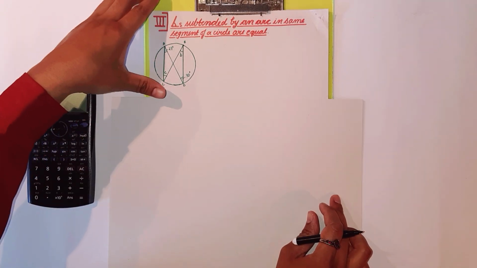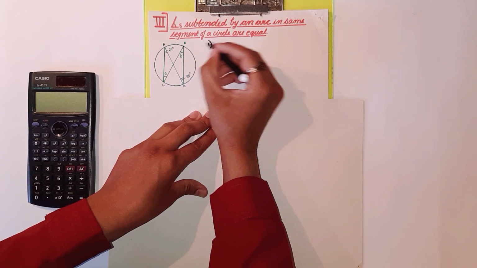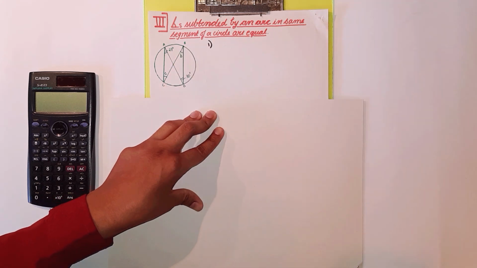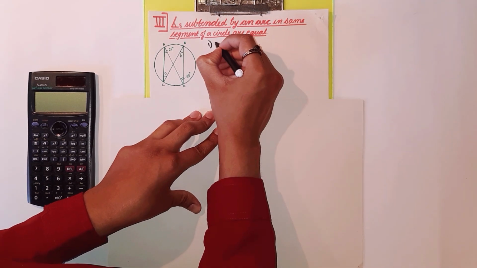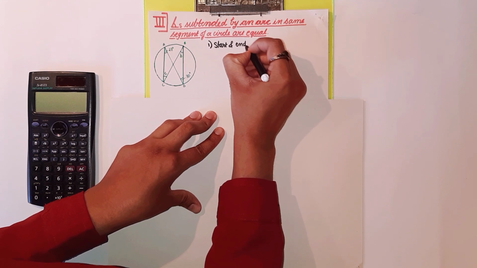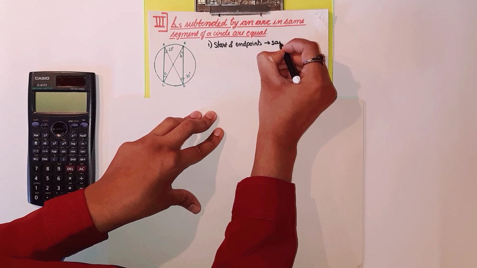The first one, let me just write it down. The start and the end points must be the same. So just like I looked at over there. So start and end points have to be the same.